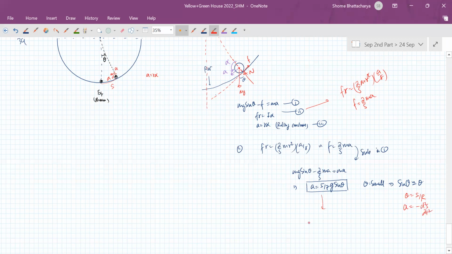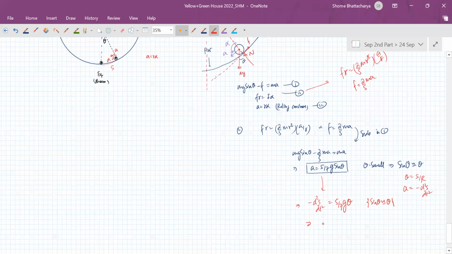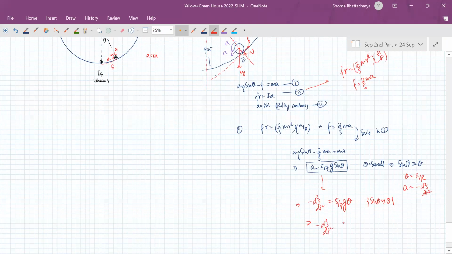So this equation can be written as minus d2S by dt square is 5 by 7 g theta, because sin theta is approximated as theta, and then further minus d2S by dt square is equal to 5 by 7 g into theta, which is written as S by R.